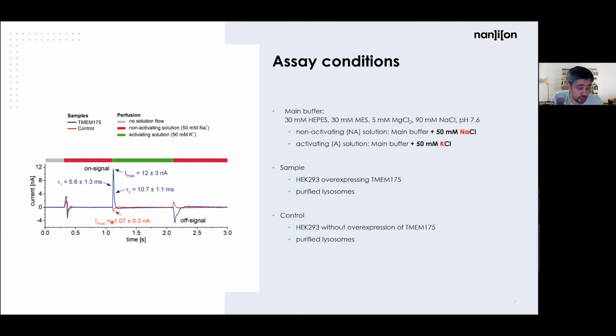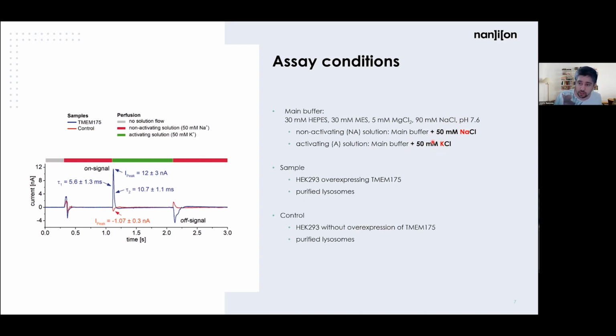Here on the left-hand side, you see full traces now recorded on the Surfer N1. In blue, it's TMEM175, and in red, it's control lysosomes without overexpressing TMEM175. Our standard conditions are essentially a 140 millimolar sodium chloride background, and then we remove 50 millimolar sodium chloride and replace it by 50 millimolar potassium chloride in the activating solution.